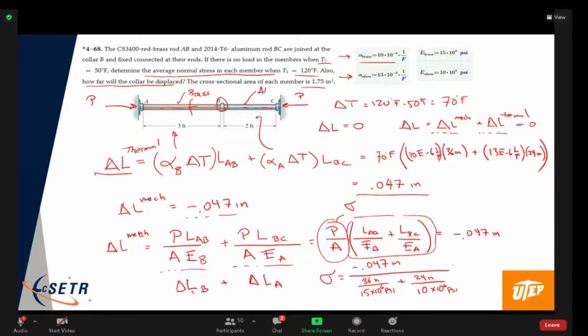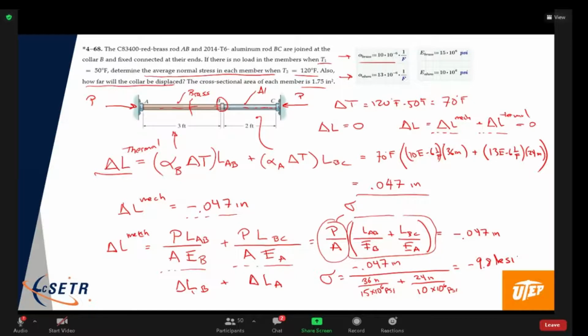And if you do that, you get a stress of minus 9.8 ksi. All right. So that's the stress in both the brass and the aluminum sections.